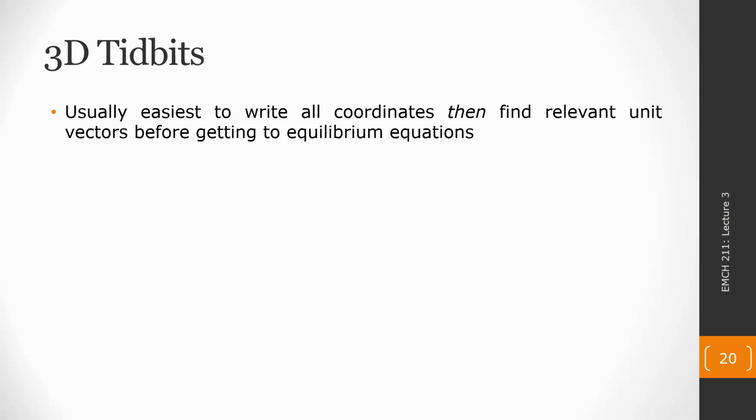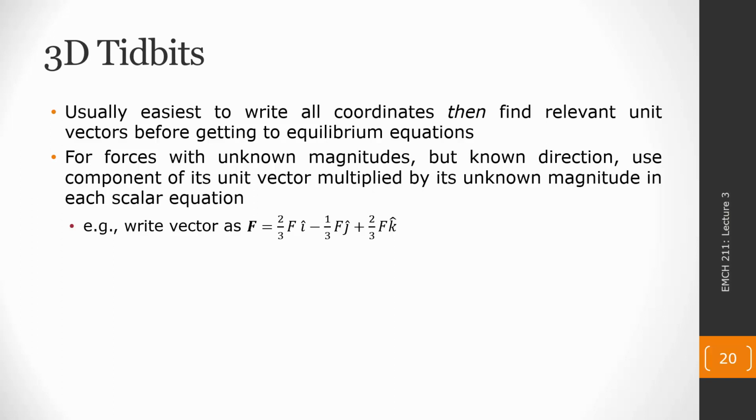So if we do all that work up front, worry about that first, and then we can go into our equilibrium equations. So a lot of times we're going to have some forces we're asked to find the magnitude of. So this happens a lot when we have a cable or a rope that we want to know what is the force in that rope to maintain equilibrium.